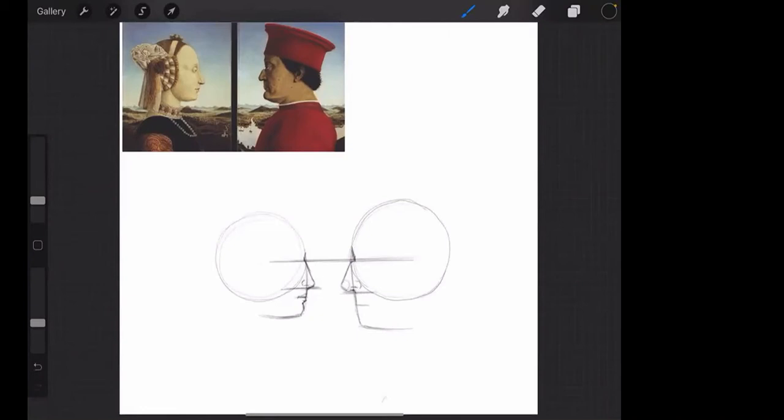And okay, for the Duke, you can use the basic proportion rule as well. So draw the upper lip and the lower lip, and the part that sinks inward.